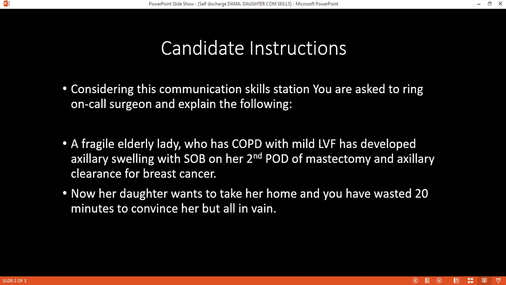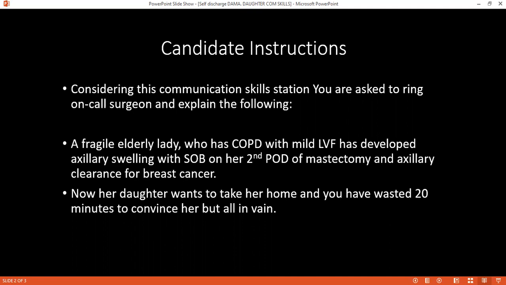So, sir, what I've discussed with you about this fragile elderly lady with left ventricular heart failure, whose daughter, who is taking care of the mother, wants her discharged against medical advice. I've tried to dissuade her, and I've also explained the medical implications of taking her mother home, but she still insists.